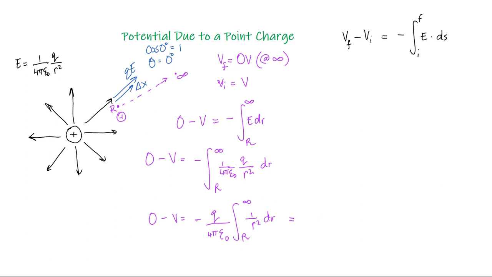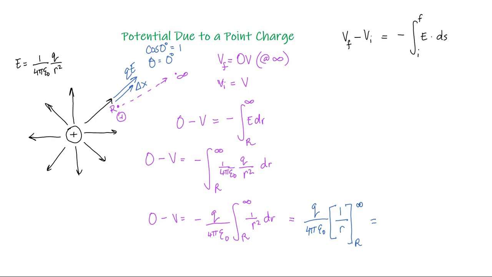Okay, so once I've actually done the integration here, keep in mind this negative sign and this negative sign are going to factor out when I do my calculation. What I'm going to be left with at this point is q over 4 pi epsilon naught, and then the integration is going to leave me with 1 over r, and I'm going to evaluate this from r to infinity. Now, of course, at infinity, this is all 0, right?